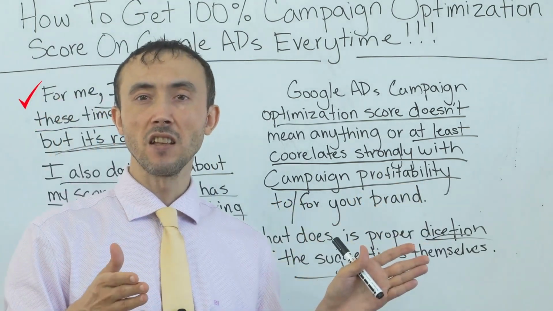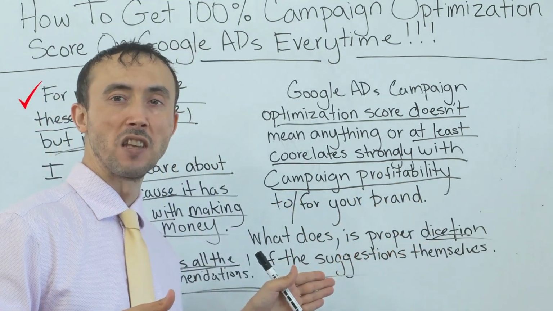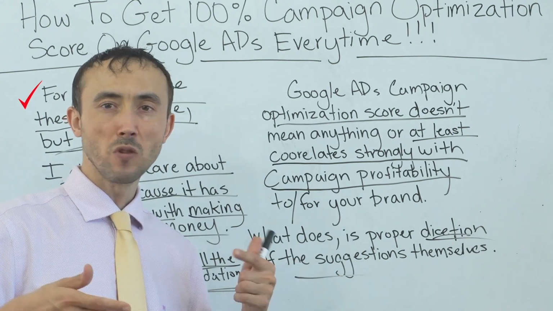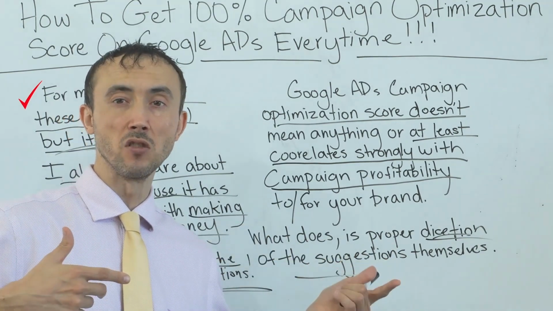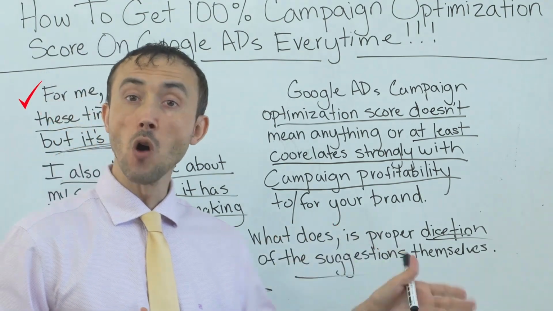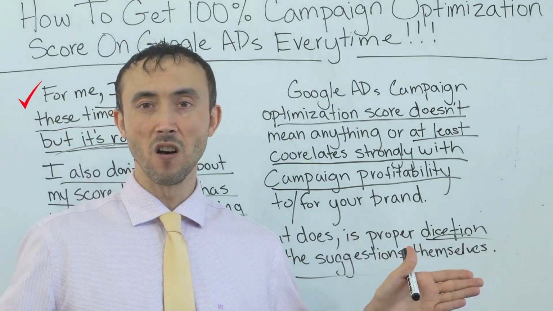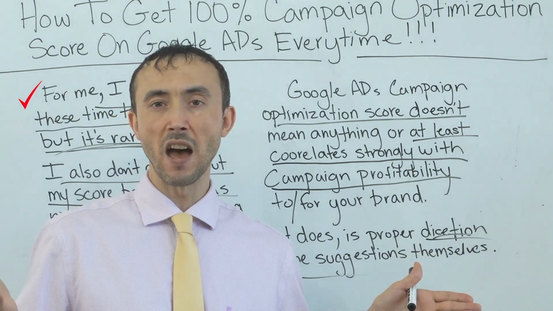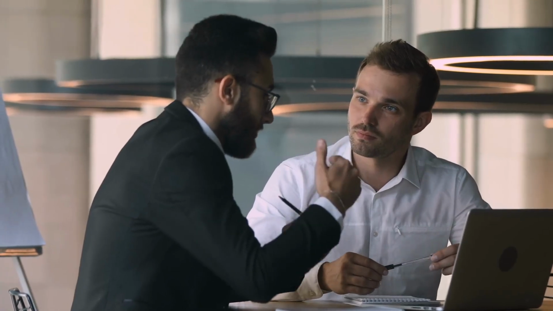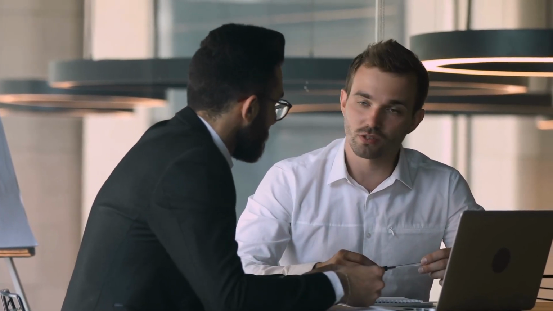I'm not saying, like I said, there's no use to the recommendations that Google's making, but to say yes to them all to get a 100% optimization score, that's just plain stupid. You'd be better off saying no to them all than saying yes to them all. So if you really don't know which ones are good, just say no to them all. That's the safer bet. If you want to know which of them are good and which ones you should use, then you talk to somebody who manages Google Ads accounts as their full-time job, and they'll tell you.